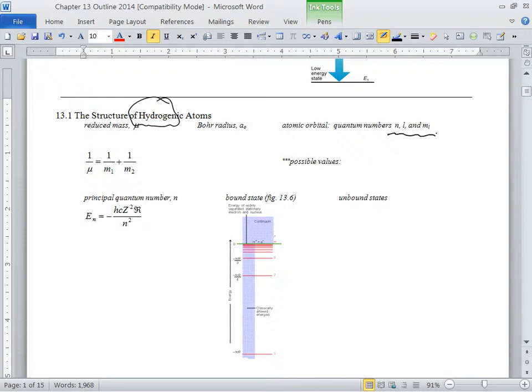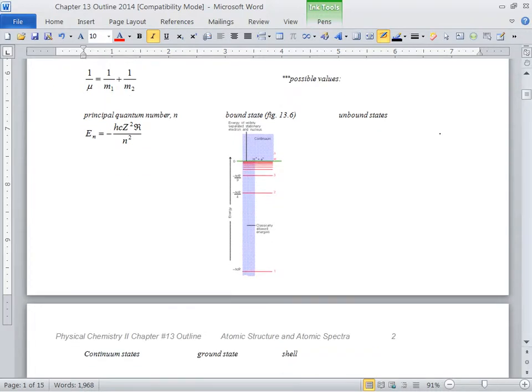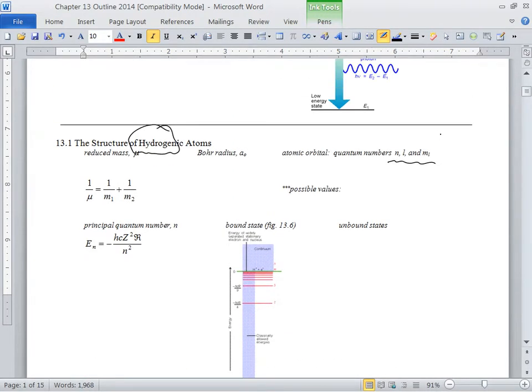And M sub L is the orbital, starts with an M. Magnetic quantum number. And we have the rules for all these. I think we talked a little bit about this.